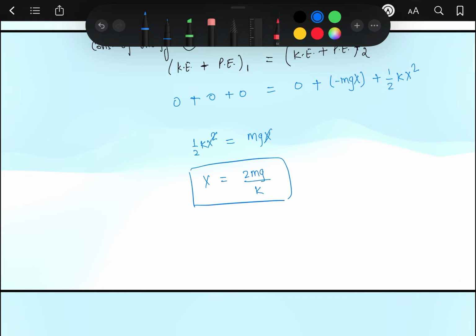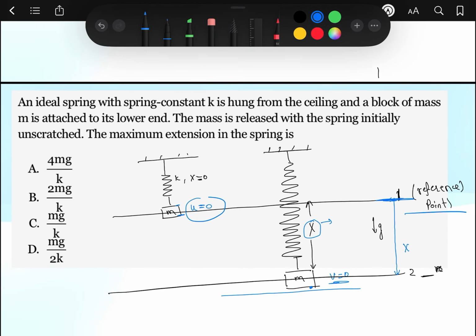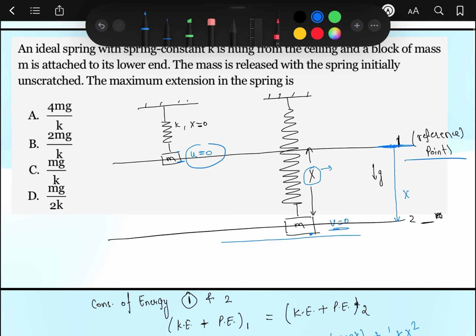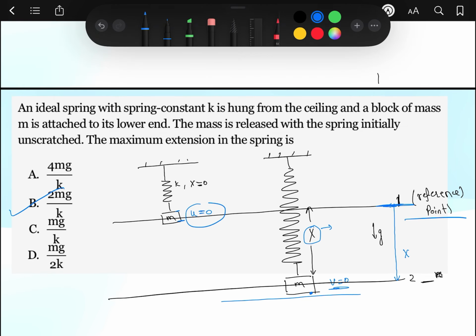So this is the maximum value of extension in the spring. This is the method we have to use here, and the value is 2mg by k, which means option B is correct.